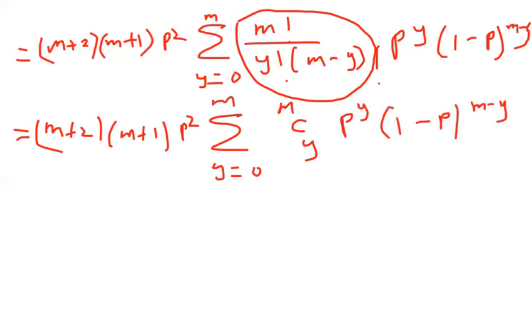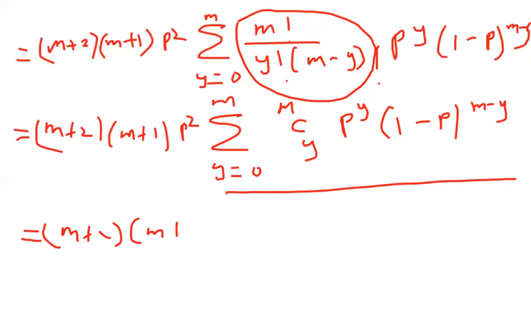So when you sum up the binomial distribution from 0 to n, that is going to give you 1. So this whole expression is the same as 1. That means I'll have m plus 2, m plus 1, p squared. But if you remember, we let n represent m plus 2, so instead of writing m plus 2 here, I can write n.